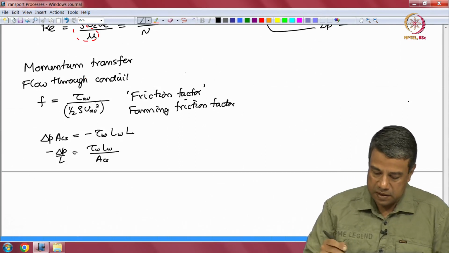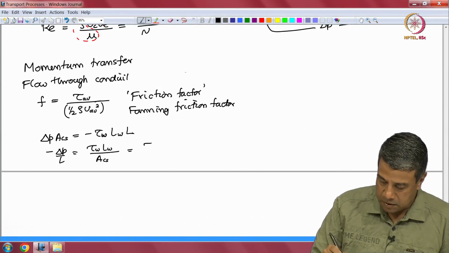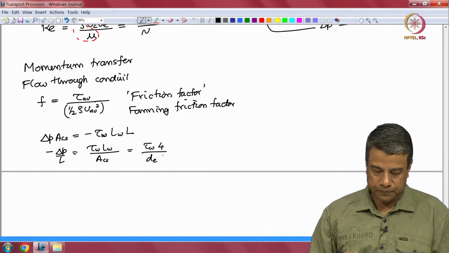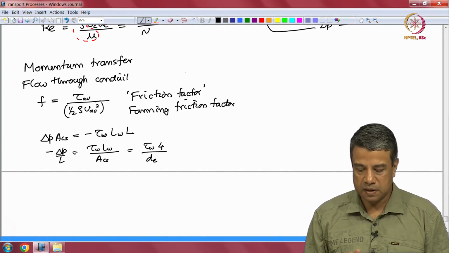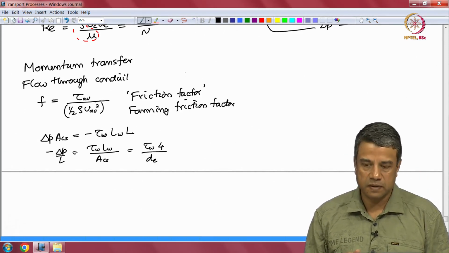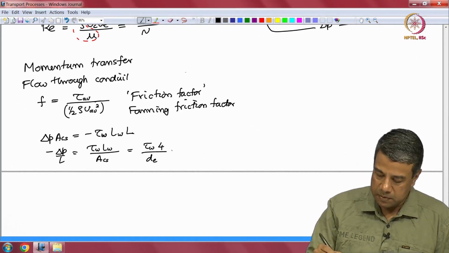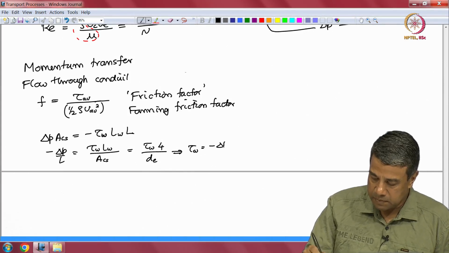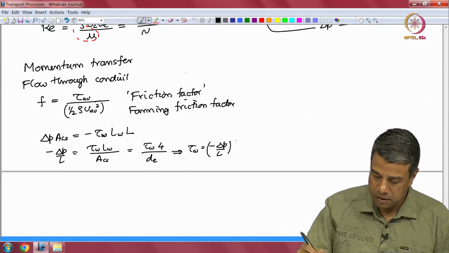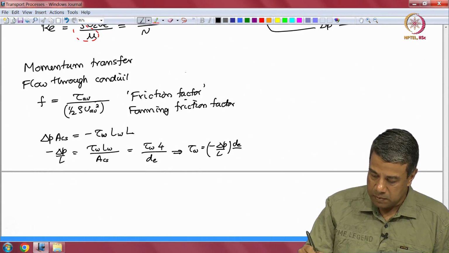Therefore, LW by ACS is equal to 4 by the equivalent diameter, which implies that tau W is equal to minus delta P by L into dE by 4.